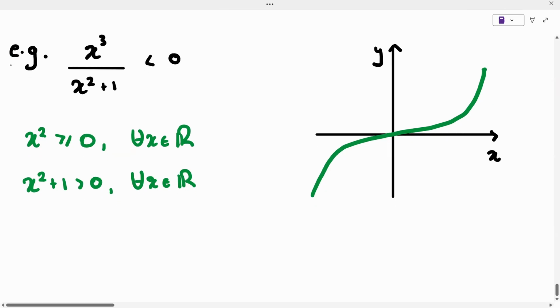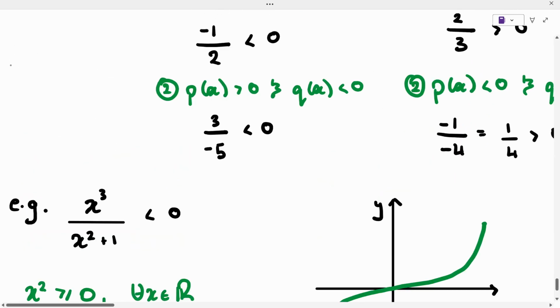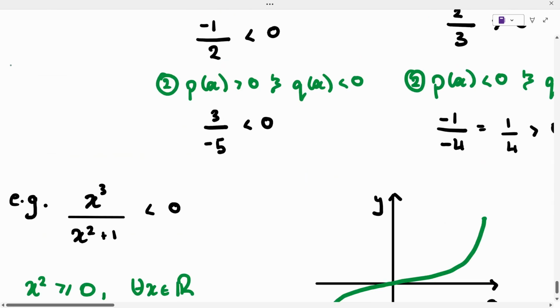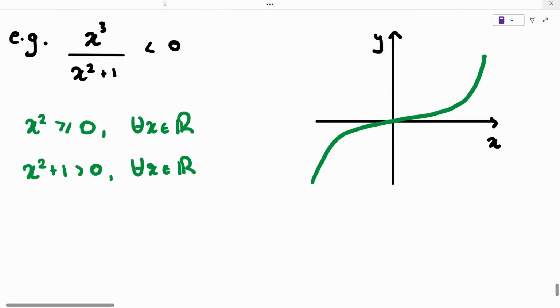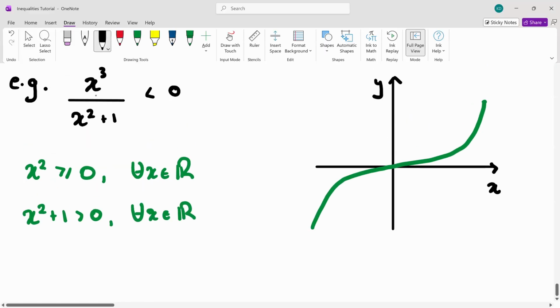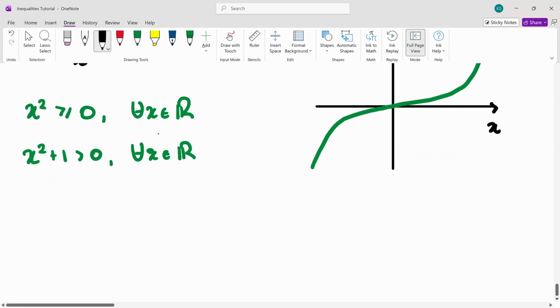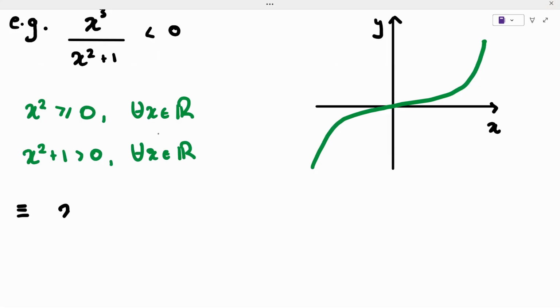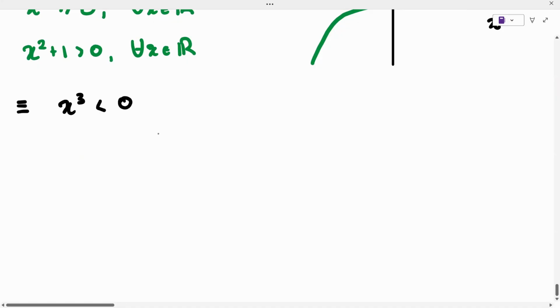So for this statement to be true, the numerator has to be negative. So to solve this inequality, the values of x which make this entire expression negative are the same values of x which make x cubed less than 0. So our solution, taking the cube root on both sides, is actually x is less than 0. And you could try this.